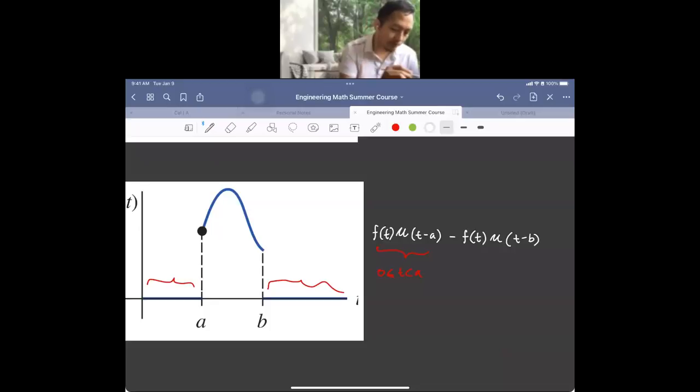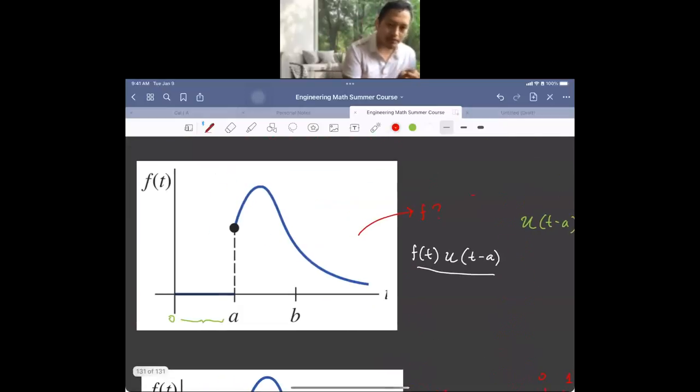This factor can be equal to 0 or 1. When this is 0, then it's just the left function. When it is 1, then f of t minus f of t is 0, so it's getting 0 value at the bottom. I hope you can get the idea.